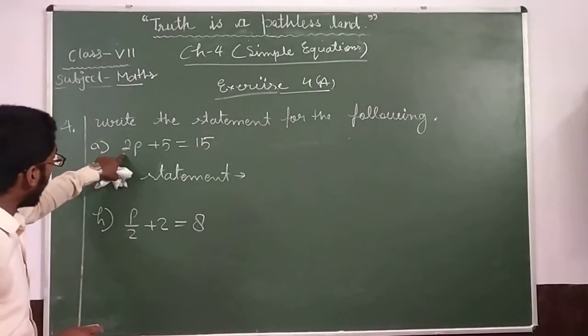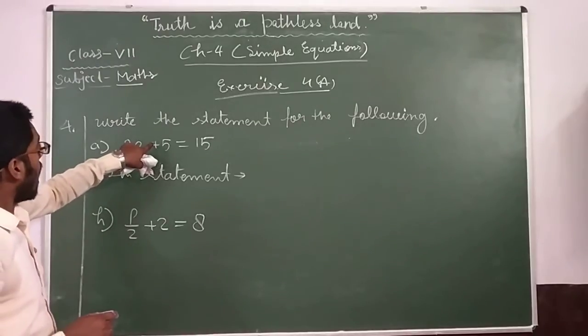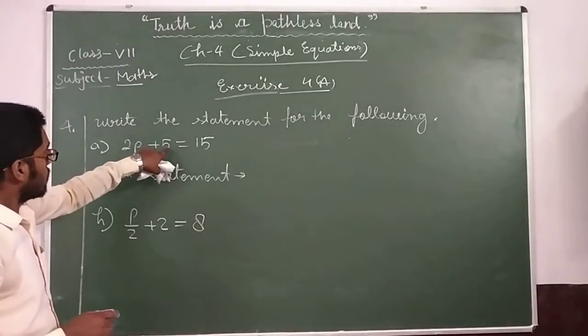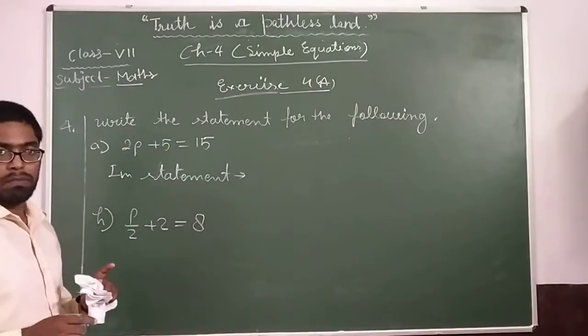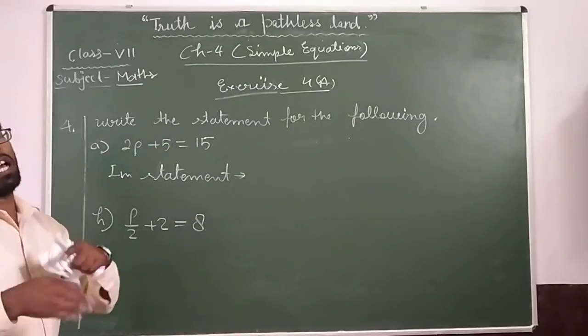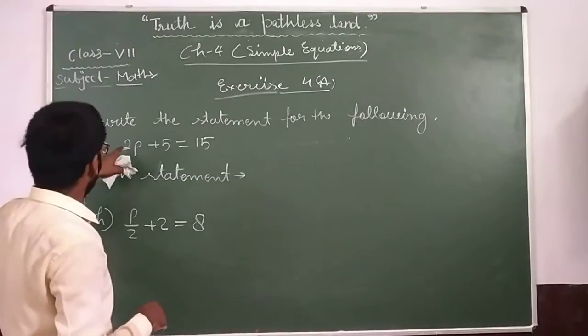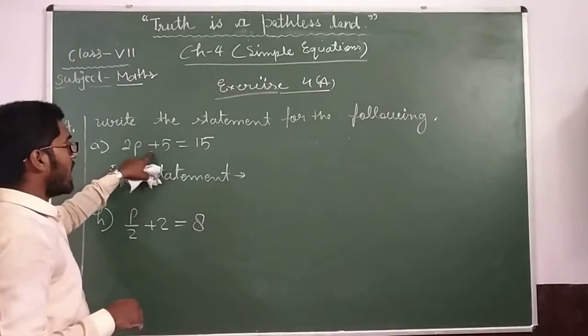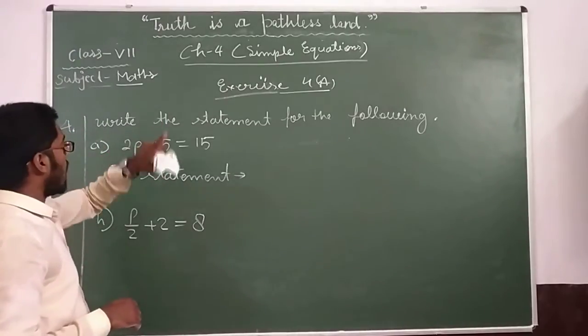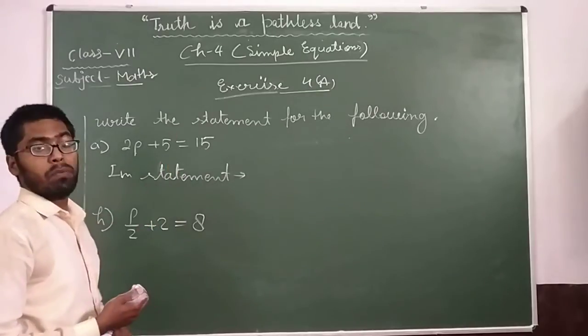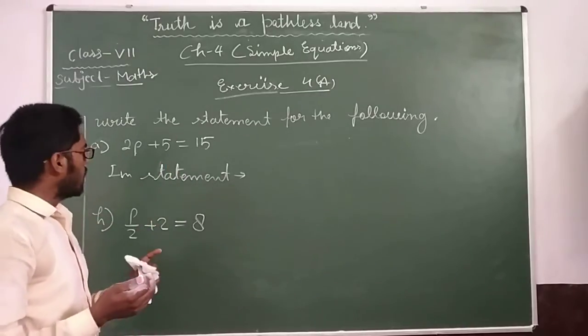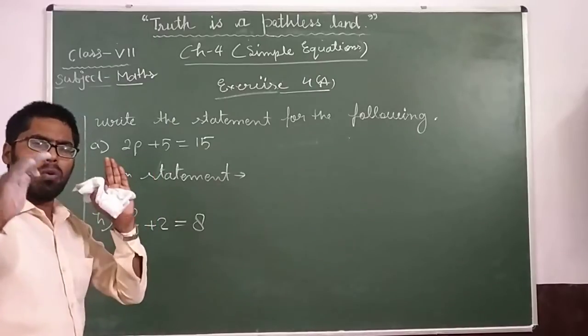You can say twice p added to 5 gives 15. Okay? Now change your language. Now do: 5 is added to twice p gives 15. Okay? You can write in your own way.